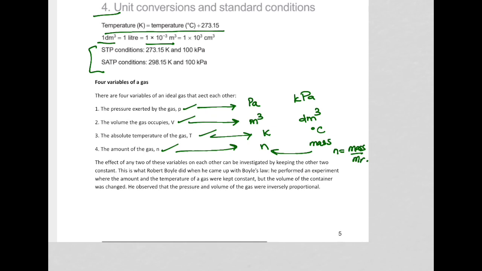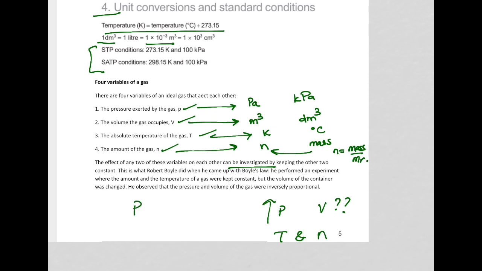Normally, when we're looking at a gas, all these 4 variables will be changing. But for the sake of investigation, we're going to change only 2 of the variables and keep the rest constant. For example, we're going to increase pressure and see how volume is affected, but we're going to keep temperature and amount of gas constant.